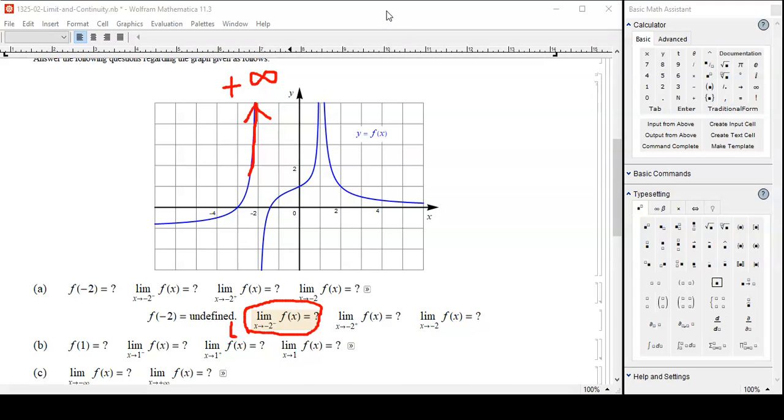Now, how about the right-hand side limit? Approach -2 from the right-hand side, so you have to look at the right-hand side of the graph. So this is -2 plus, that's right-hand side. And to the right, follow the graph, and it is going to negative infinity. See that? Positive infinity, negative infinity, they are different. So this one here is undefined.